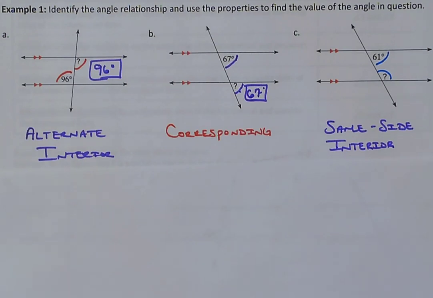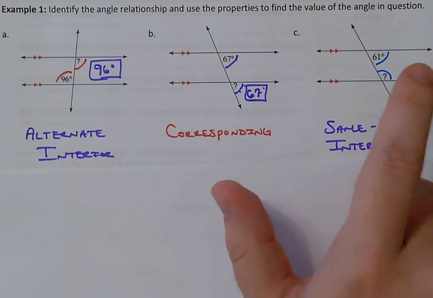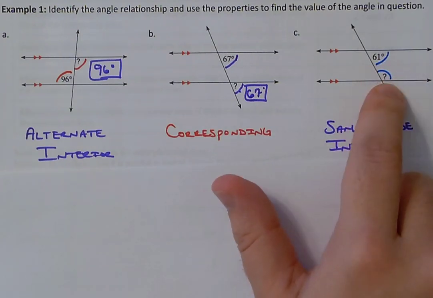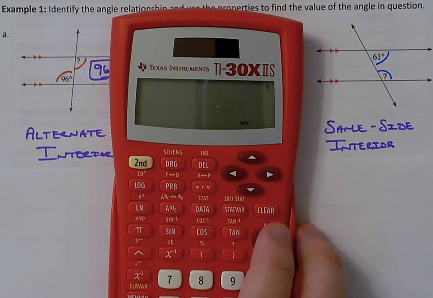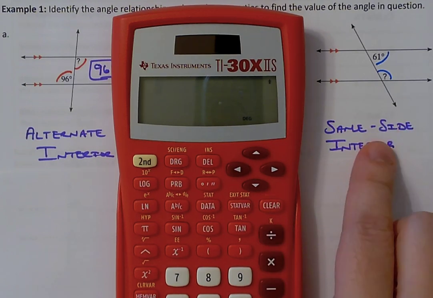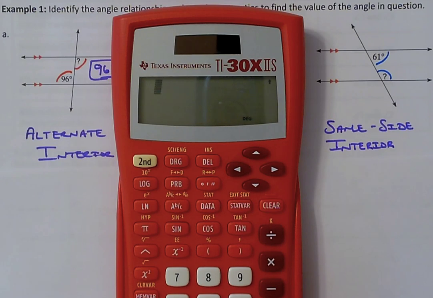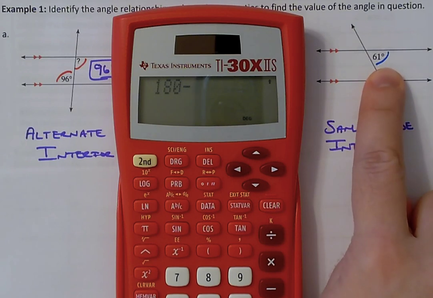Now, same side interior angles, they add up to be 180 degrees. So that means I need to know 61 plus what is going to equal 180. So anytime you have same side interior, they add up to be 180. So you're going to take 180 and subtract the angle that you know, which is 61 degrees.